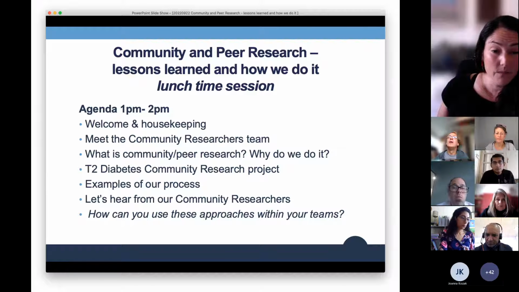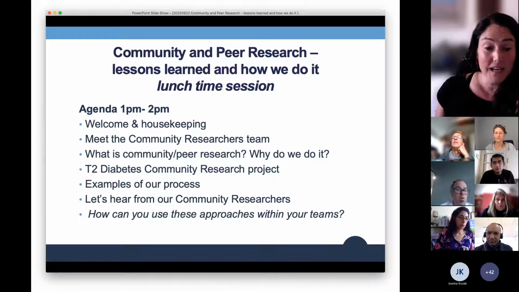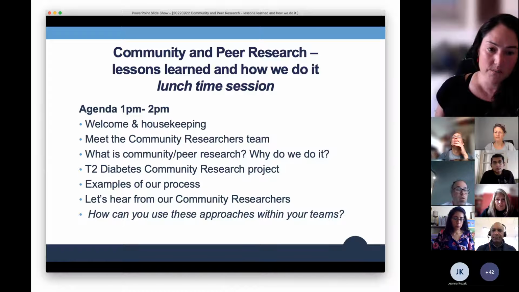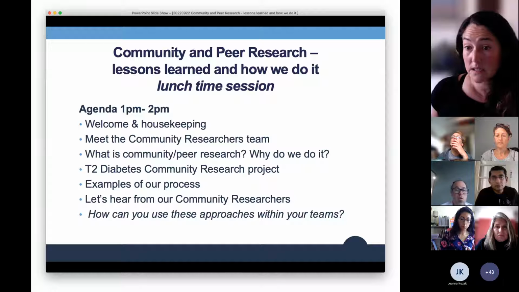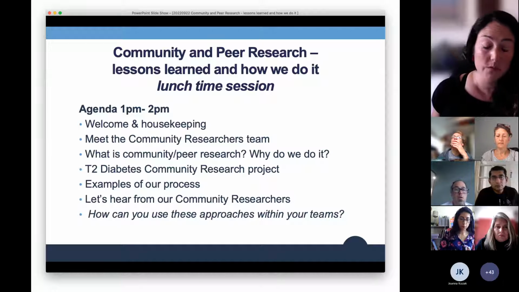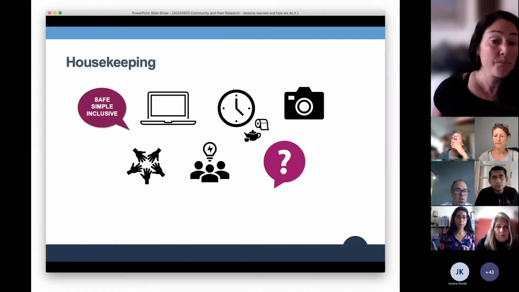If we have time, we can show you examples of how we work this process. I'll let you hear from our community researchers, who can tell you about their experiences, and you can think about how you want to use these sorts of approaches in your teams. I'll also send out some slides as a PDF, so Noel can share them with everybody. The last slide will have some further links and resources in case you want to learn more.